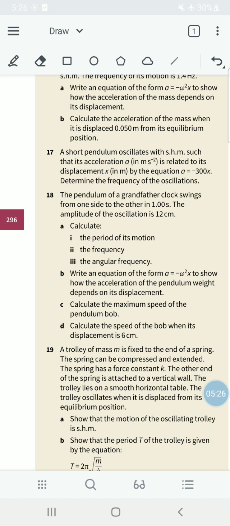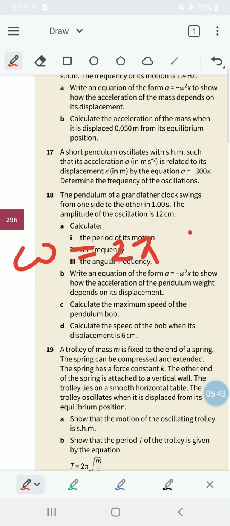Let me show you. The original equation is omega equals 2 pi f. Then the other equation is a equals negative omega squared x.